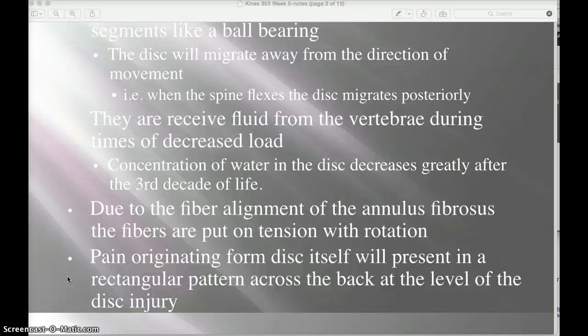A lot of back problems are caused by rotating motions. And later on, when we talk about disc protrusions, that's one of the things to think about in the mechanism of injury. That is typically going to be a form of rotation, maybe by itself or in combination with flexion and extension.